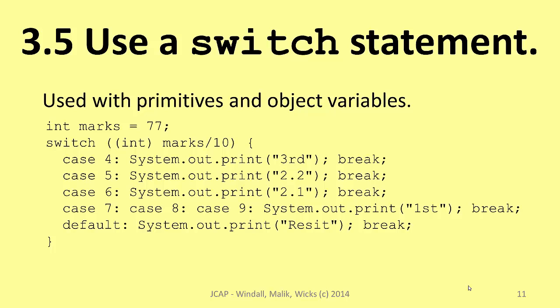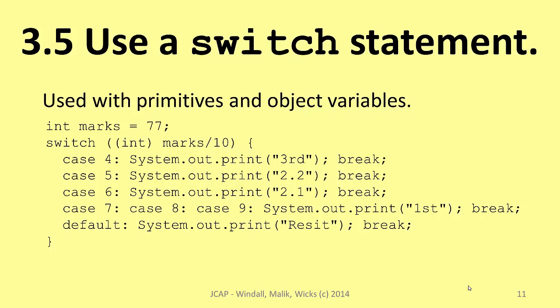So switch int marks divided by 10 will convert the marks divided by 10 and cast it as an integer. We can now check what sort of thing is happening.